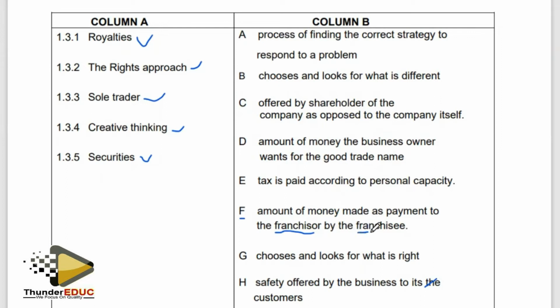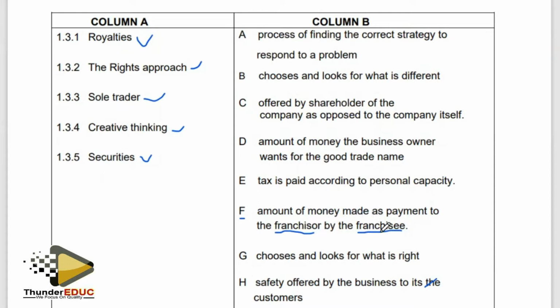The franchisee goes into an agreement known as the franchise. A franchise is an agreement which authorizes the franchisee to use the production methods, tactics, and name of the franchisor.